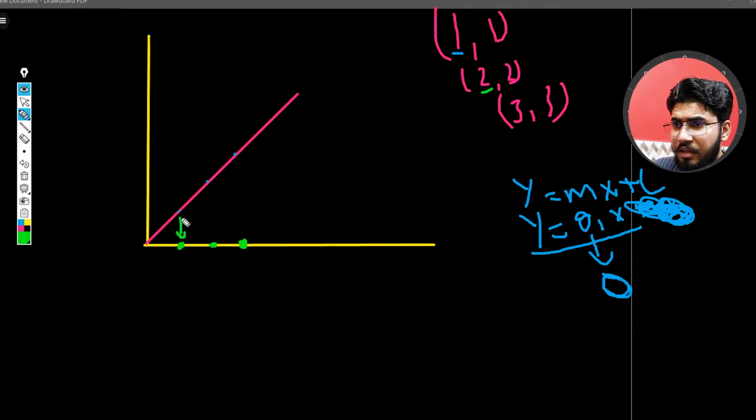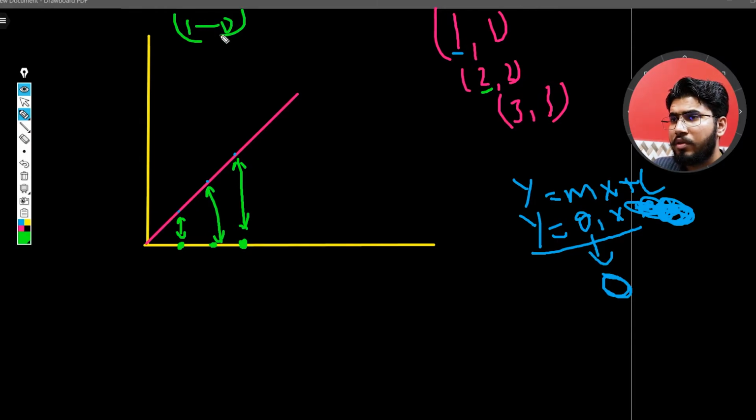Now if we find the error between them, this will be the error. The error is going to be 1 minus 0 squared plus 2 minus 0 squared plus 3 minus 0 squared.